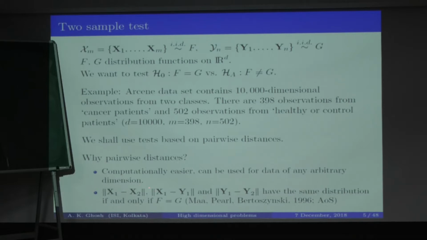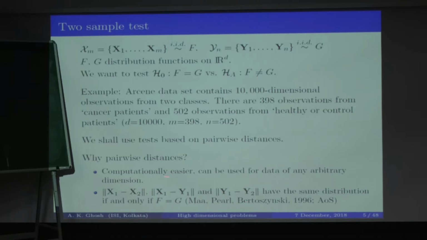The result says that the distribution of this norm, and the distribution of this, one from the first class, one from the second class, and here we have both from the second class, the distribution of these three things are identical if and only if F and G are identical. So if the distributions F and G differ, that distribution will also differ.